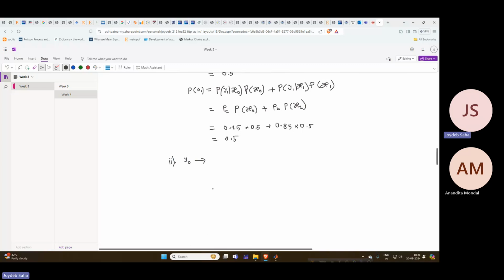Now what is the probability that at input was x0? If this is fixed, what is the probability that x0 is happening?